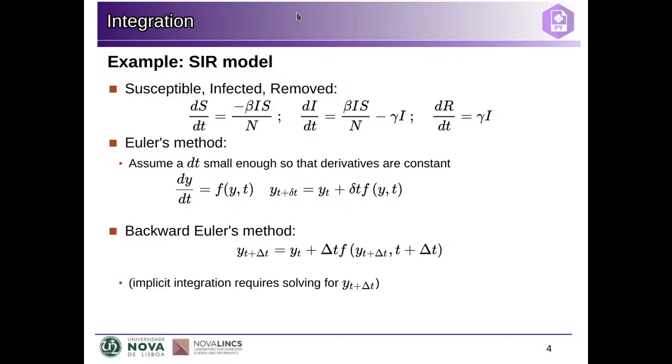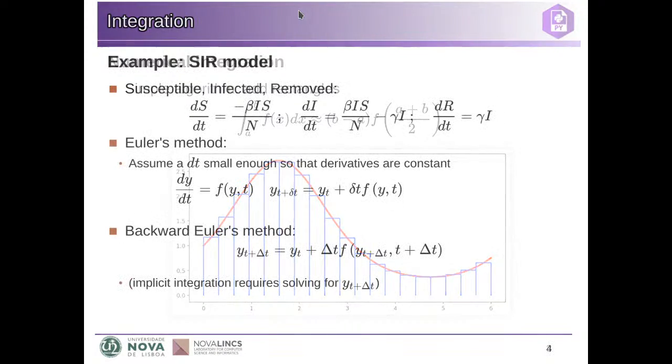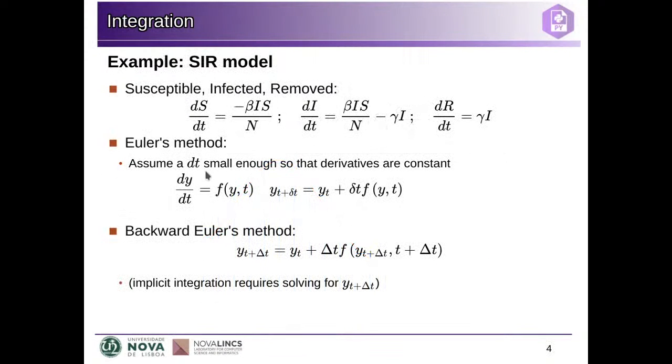So one simple way of imagining this would be an extension of this method, taking slice by slice, and this is basically Euler's method. We can assume that we take a small step of time, small enough, so a tiny delta that is sufficiently small that we can consider that during that time period, these derivatives do not change significantly. So they are approximately constant.